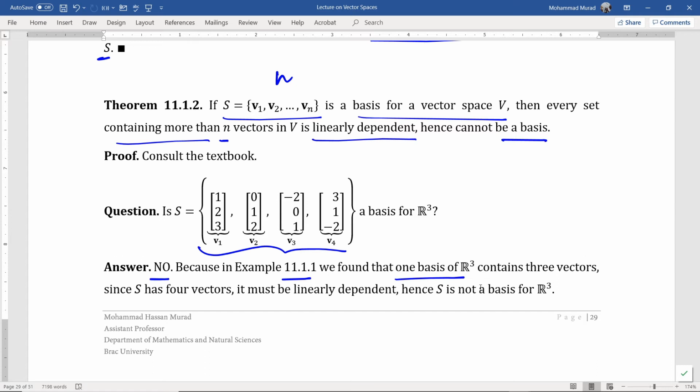Namely, the standard basis of R3 contains three vectors. Since this set S has four vectors in it, it must be linearly dependent. Hence, this set S is not a basis for the vector space R3.